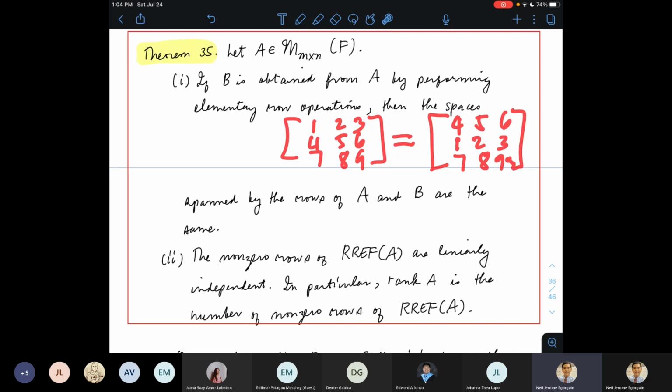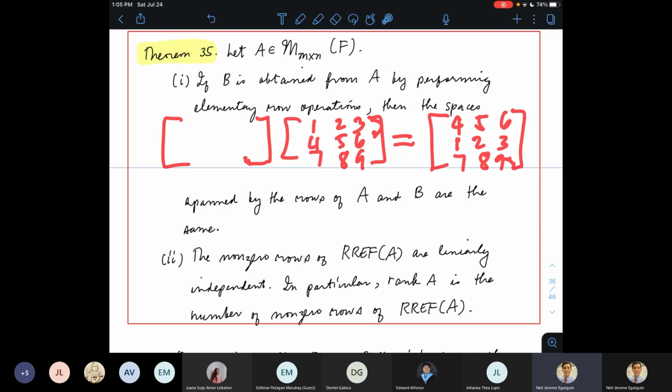Meron siyang underlying matrix operation. And for that, this is a pre-multiplication by an elementary matrix. What is an elementary matrix? It is a matrix obtained from the identity na kung saan ginawa mo yung gusto mo mangyari dun sa matrix, dun din sa identity.